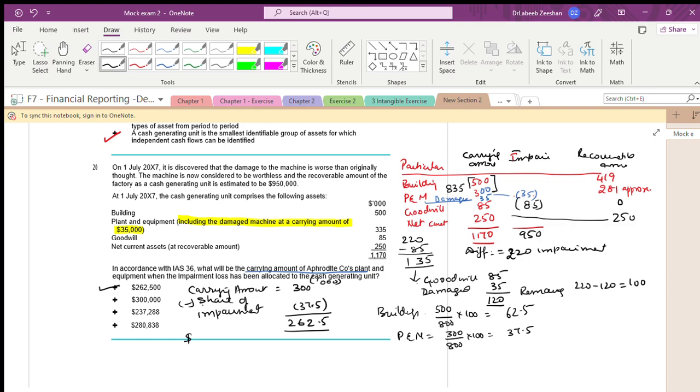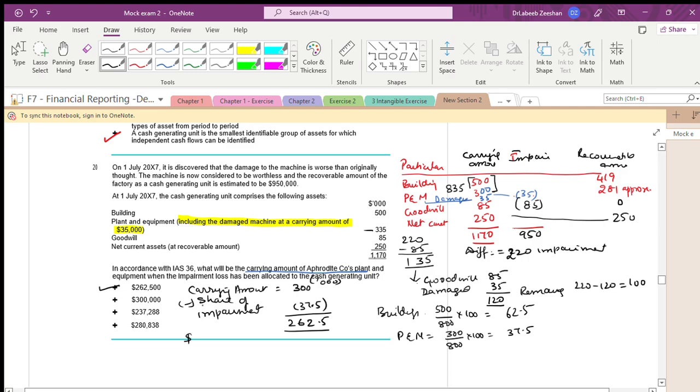I will explain you, one second. If one machine has been damaged and it is worthless, the recoverable amount is worthless. Now 500 is the carrying amount of buildings. 335 is there.